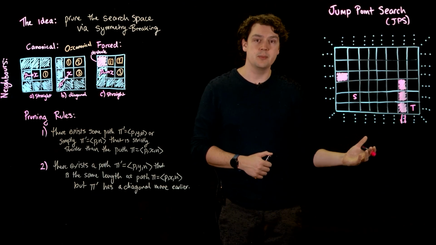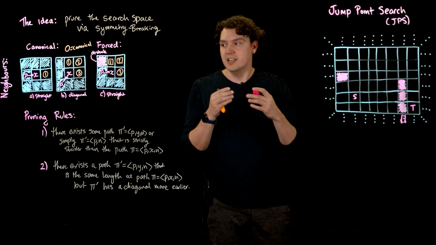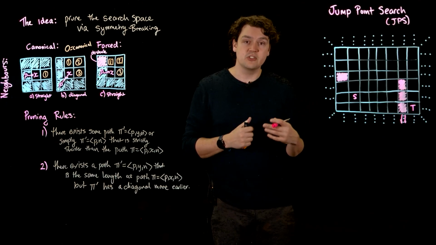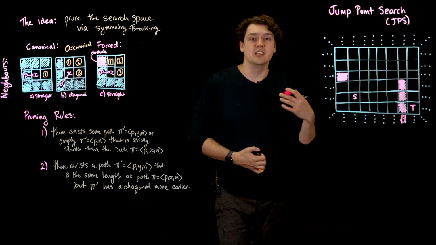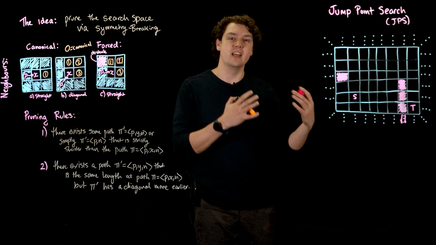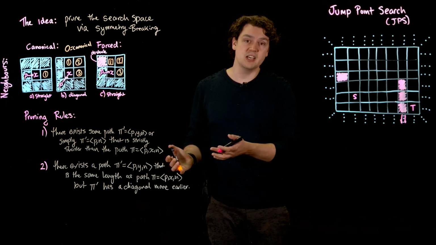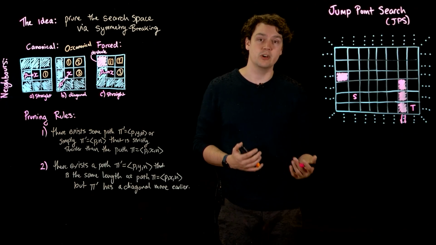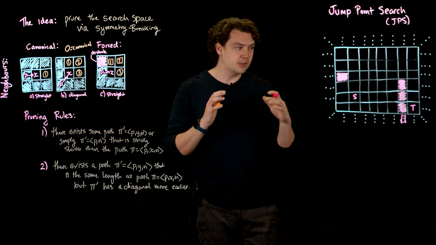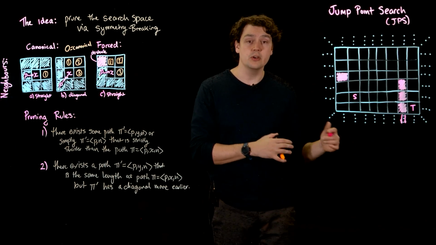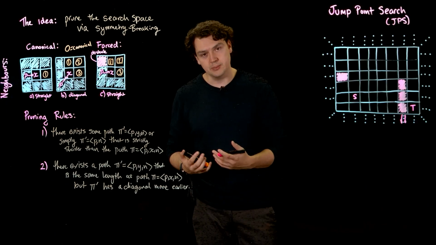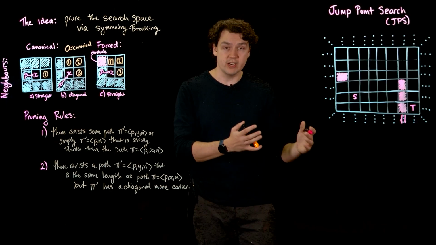So the advantage of JPS really comes from the fact that the reasoning we're doing is extremely beneficial. We reduce the heap operations we need to do so much that we end up with speedups of up to orders of magnitude faster. So that's really cool. I'm going to spend a whole part of the end of this video discussing how that works implementation wise, what trick we're really doing.